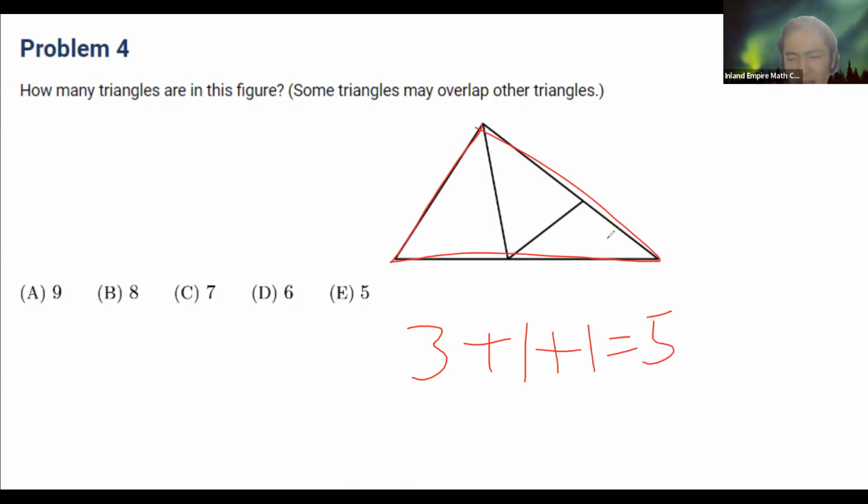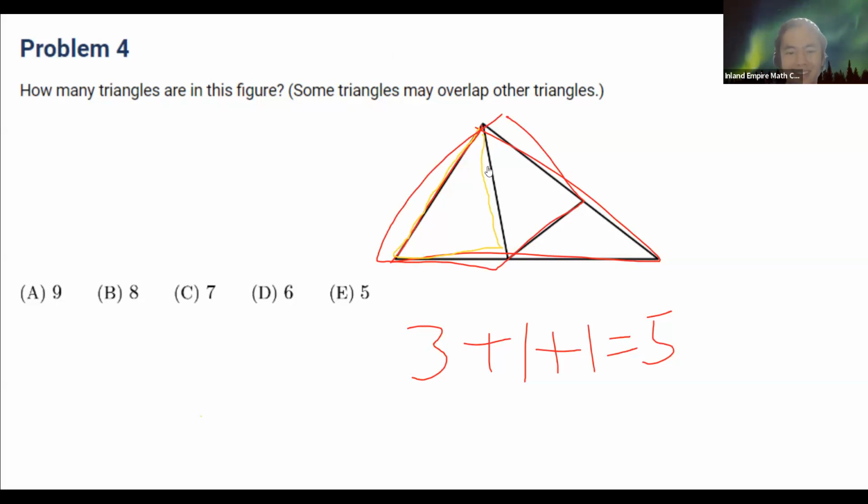I'm not sure where you guys got that 6th triangle, but okay, Jasper, you just highlighted this one, but that was included in the 3 initially. So I'm not sure where you got that 6th one. But the answer should be 5. So maybe you guys highlighted this thing, but remember that's actually a 4-sided shape, so it's not a triangle, right?